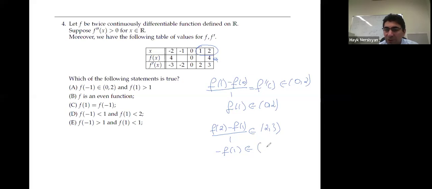We will get from -2 to -1. Hence, f at 1 belongs to the 1 to 2 interval. Here is our correct statement. f(1) is from 1 to 2 means it is greater than 1. And f(-1) belongs to the 0 to 2 interval also was something correct. We just proved it again by mean value theorem.